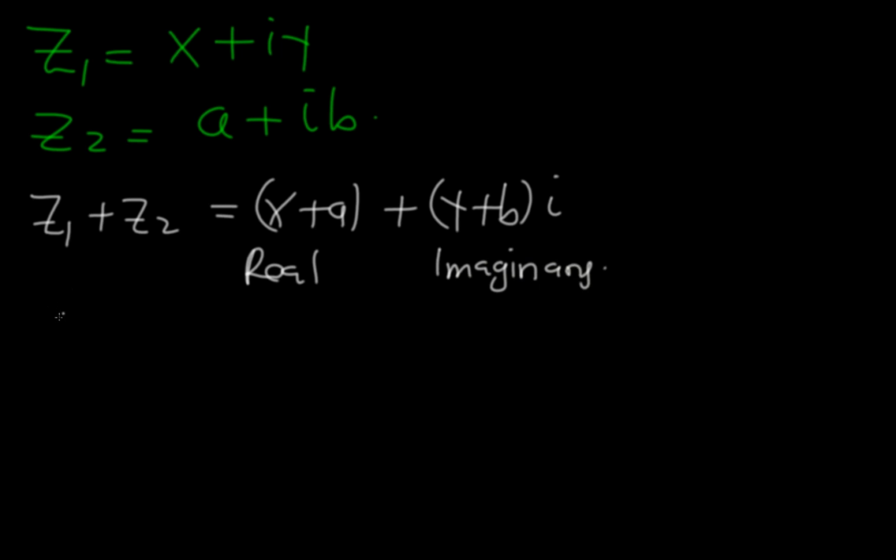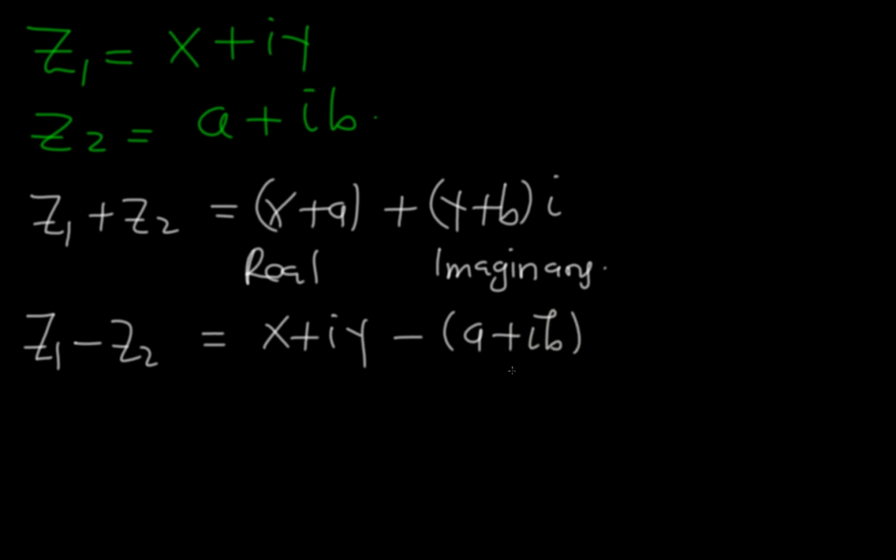We need to find as well z1 minus z2. So this is equal to x plus iy, then minus the bracket of z2, which is a plus ib. So what we are going to do, we are going to distribute this negative equally throughout the bracket of z2.